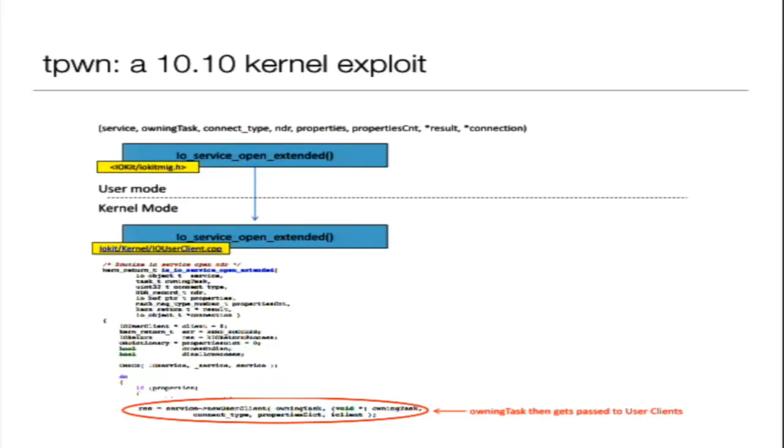User clients are essentially driver objects which can be used in userland. Code runs in kernel land, but you can call every function you want from userland.